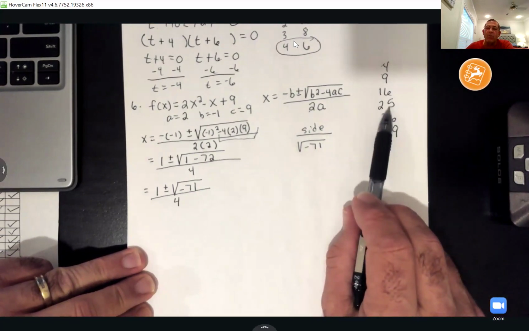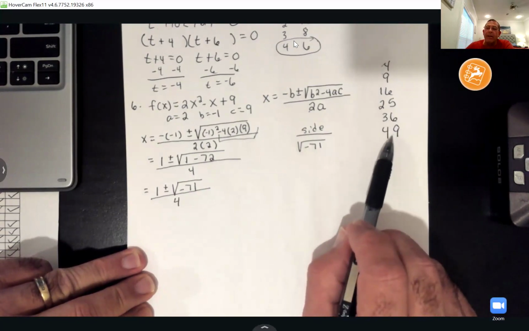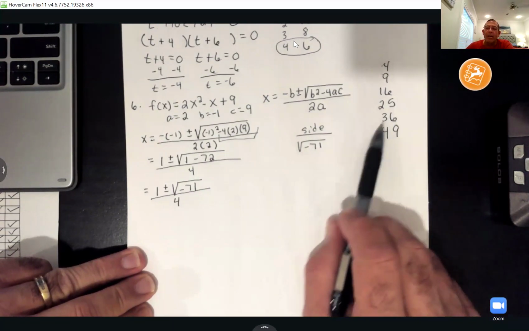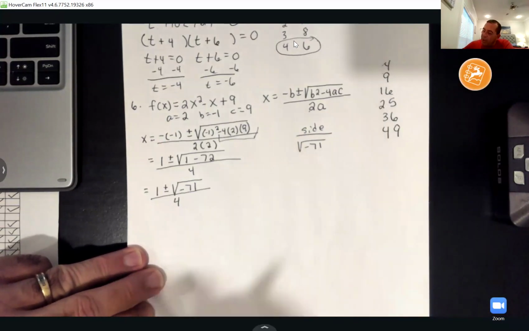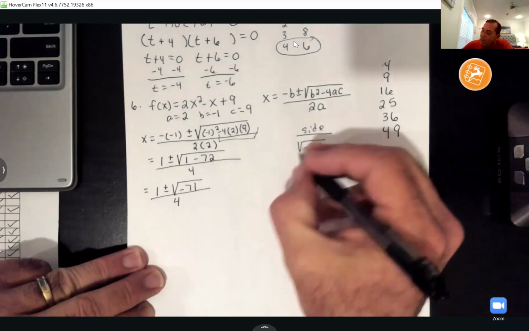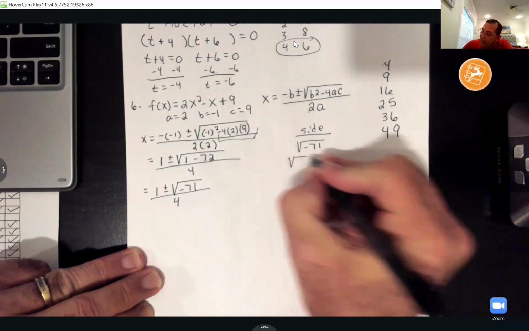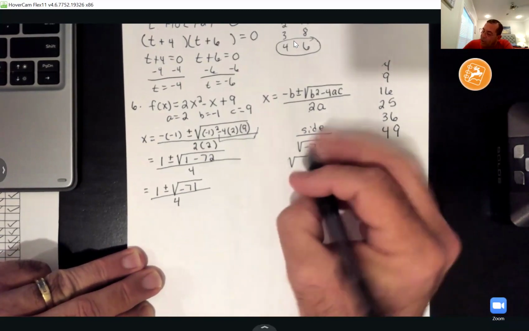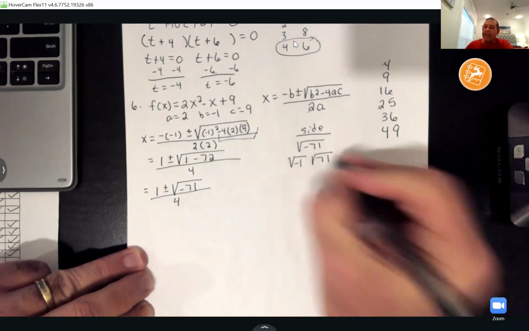It's not dividing by 25. It's not dividing by 36. And all these numbers are starting to get too big. So it's not going to divide by any of the perfect squares. But you have to do one thing to that. We cannot leave that negative under that radical. So that's where I said we're going to write this as negative 1 times 71.